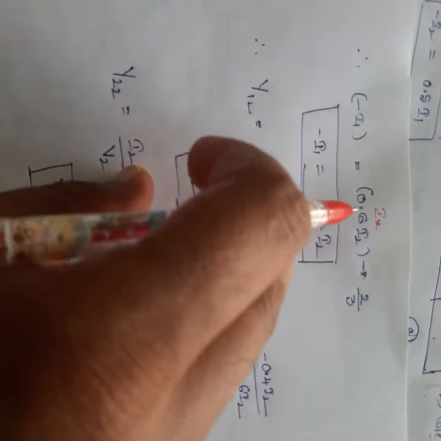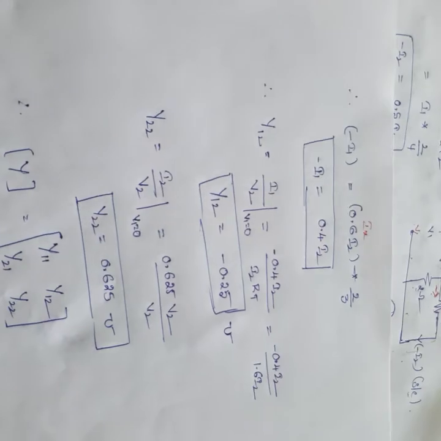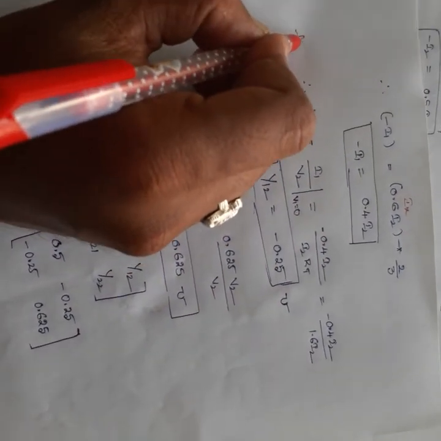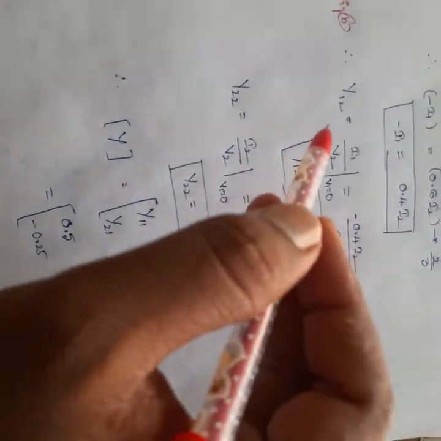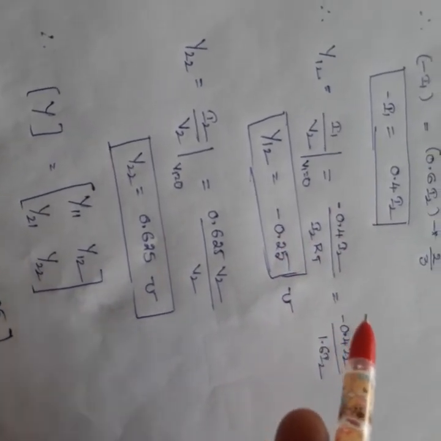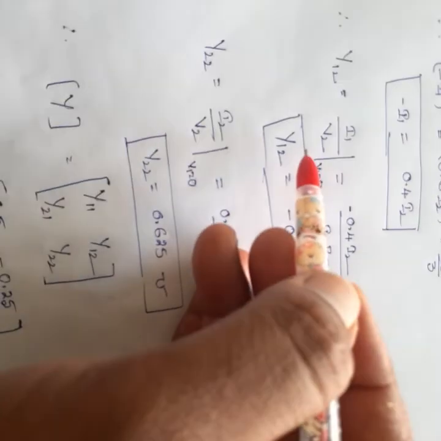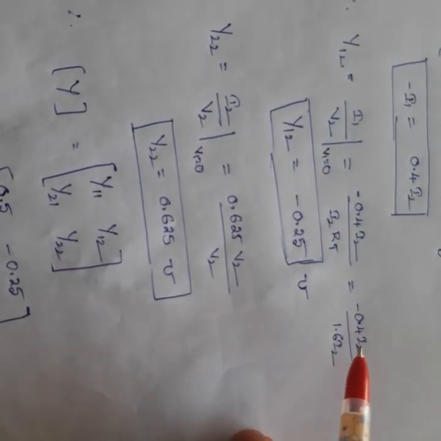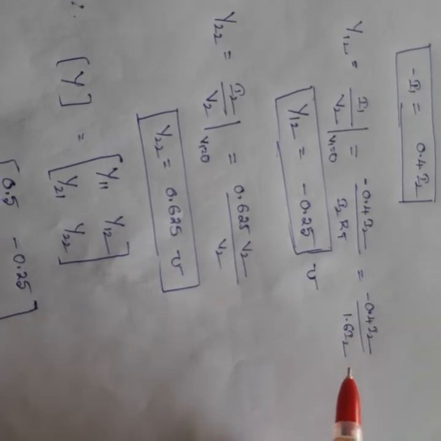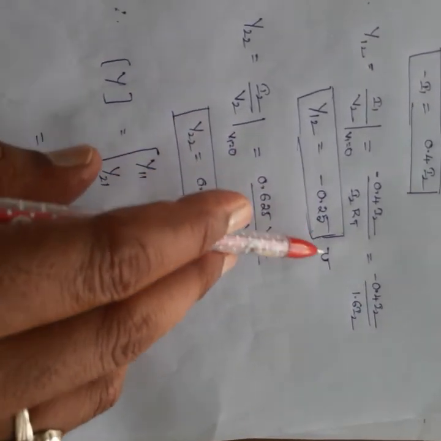That's why minus I1 equals 0.4 I2. Therefore, from figure B we calculate Y12, that is I1 by V2. I1 is minus 0.4 I2, and V2 is I2 into RT, so minus 0.4 I2 by 1.6 I2. Therefore we are getting minus 0.25 mhos.